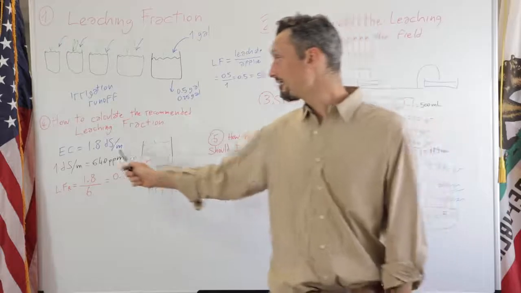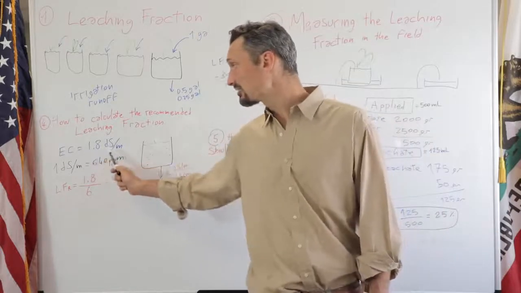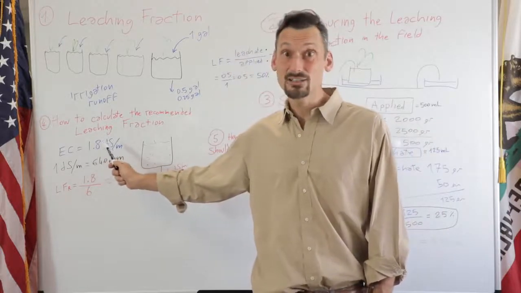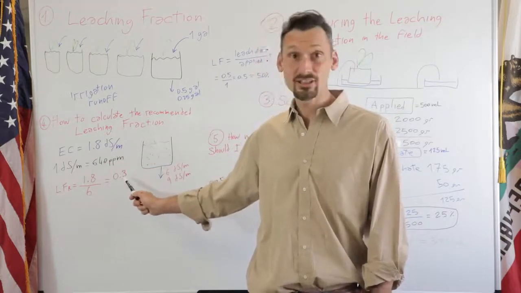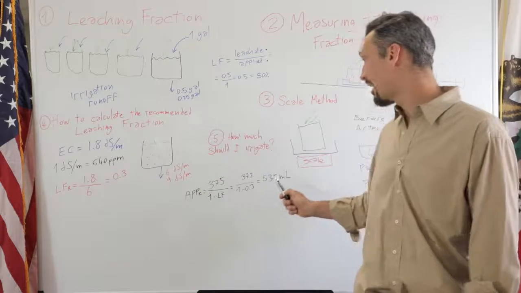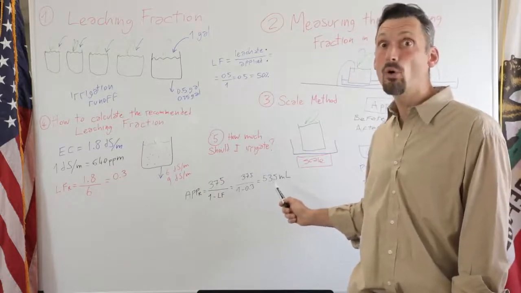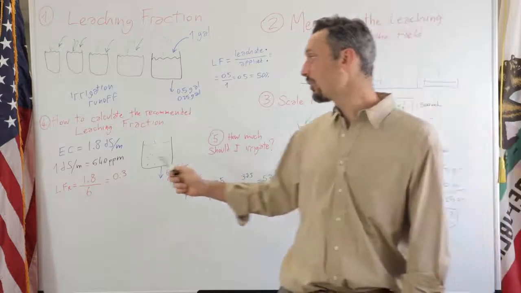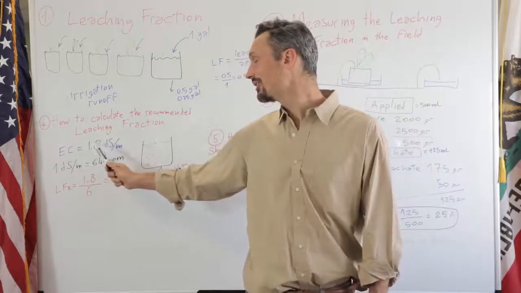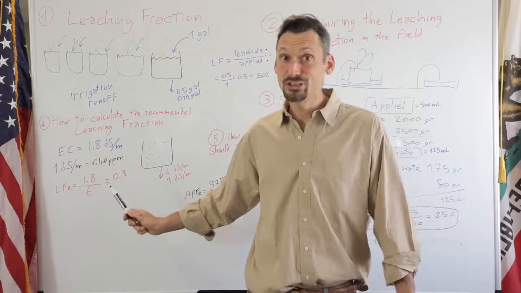And again, if the salinity of my irrigation water had been higher, I would have used a higher leaching fraction, and so I would have applied more water. The extreme case is where the irrigation salinity is 0.